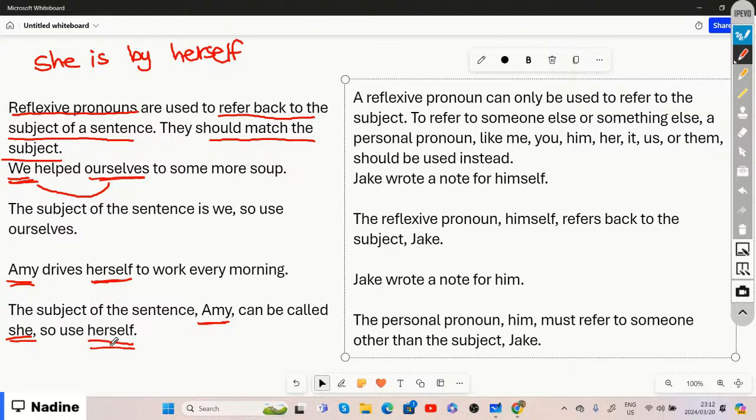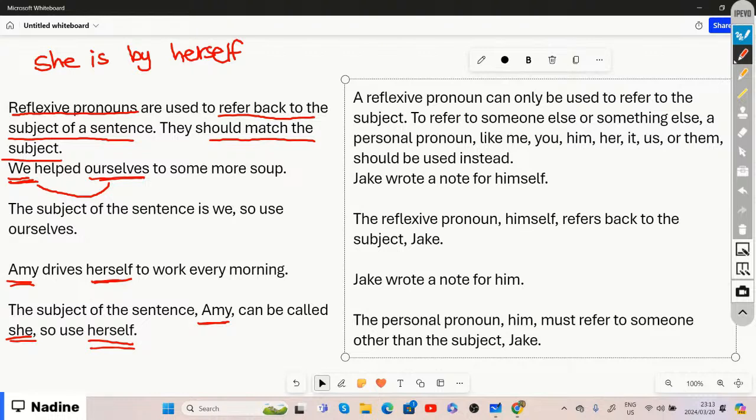Then a reflexive pronoun can only be used to refer to the subject. That is why it needs to refer back to the subject. So if we make use of myself, yourself, herself, himself, it needs to refer back to the subject.